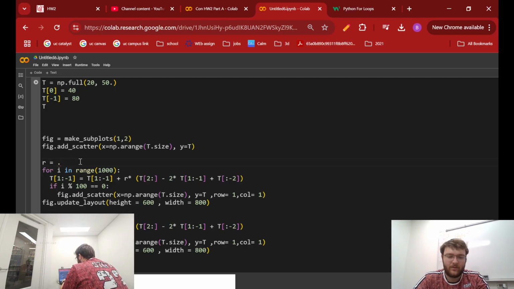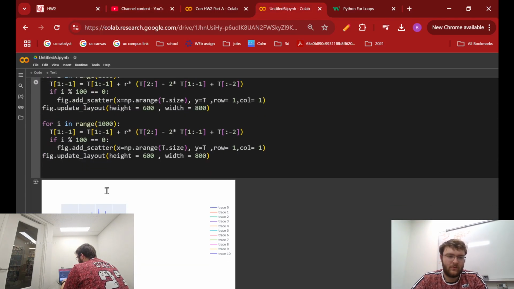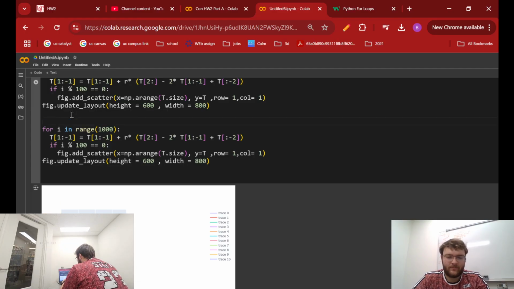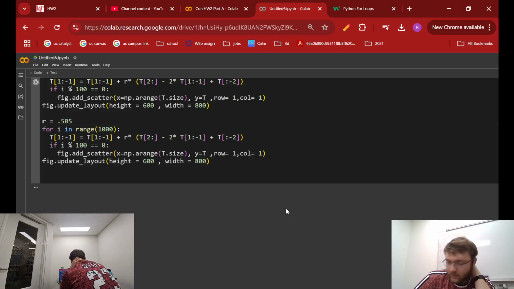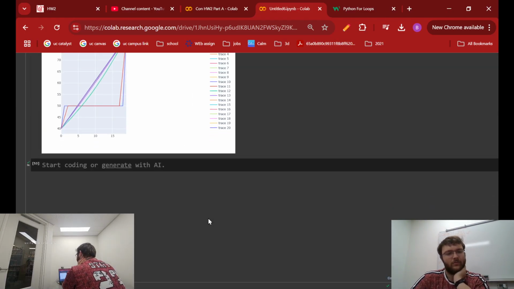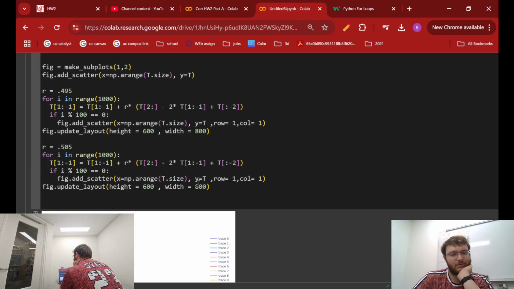But this will make 0.495. And then we'll make this one 0.505. Then every time we run it, that didn't do what I wanted to. Row 1, column 2.